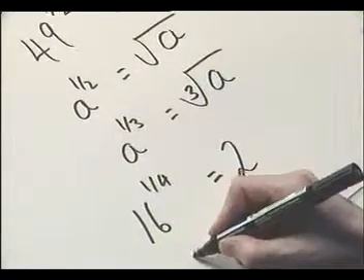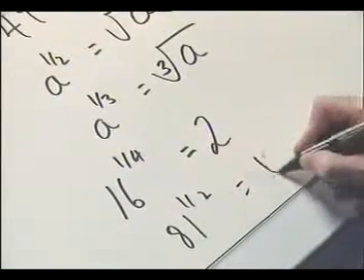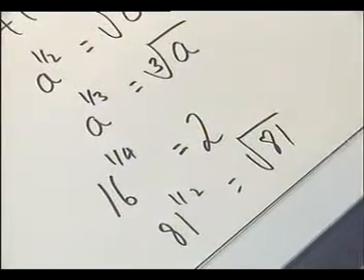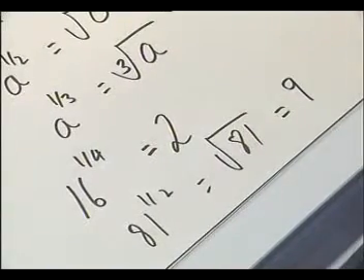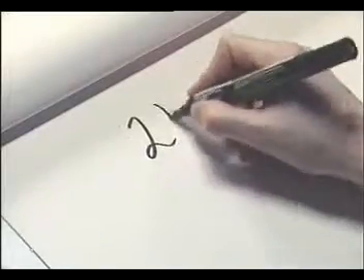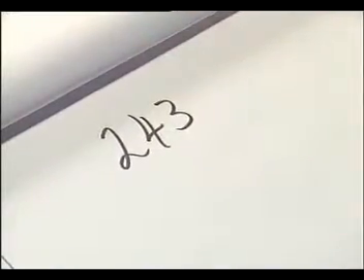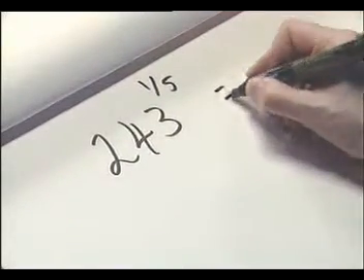What about 81 to the half? Well, that's the square root of 81, and the square root of 81 is 9. What about 243 to the 5th?